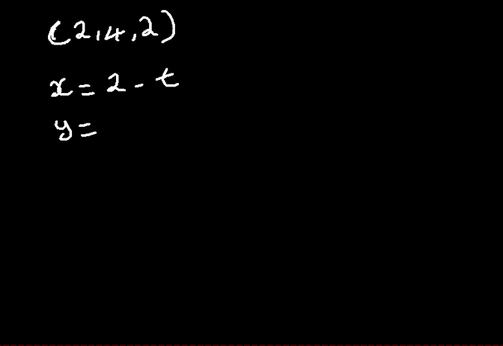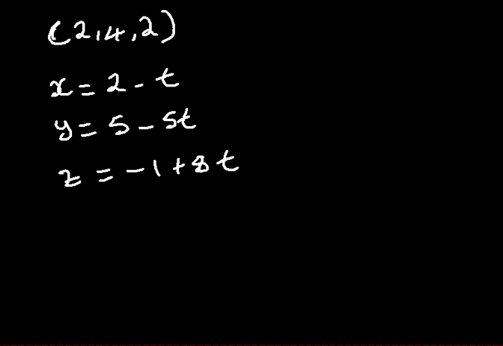Let's say we have a plane which happens to pass through the point (2, 4, 2), and the plane is perpendicular to a line with symmetric equations given as x = 2 minus t, y = 4 plus 5 minus 5t, and z given as 1 plus 8t.